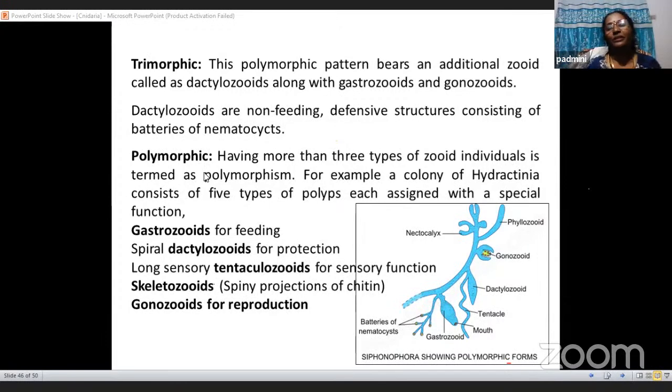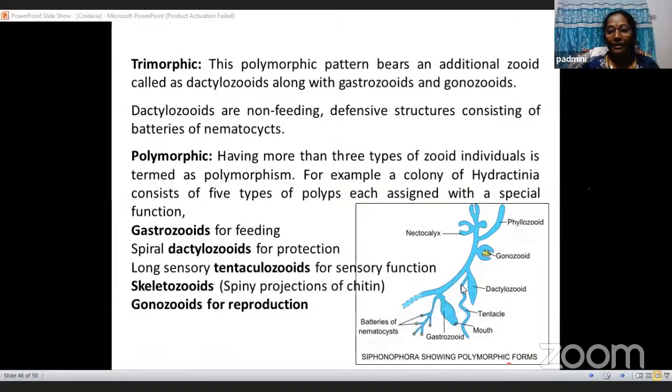Polymorphic means they have too many zooids. For example, Hydractinia. They consist of 5 types of polyps. What are they? They have gastrozoids present over here. They have dactylozoids for protection, and tentaculozoids, the tentacles, for the sensory functions.